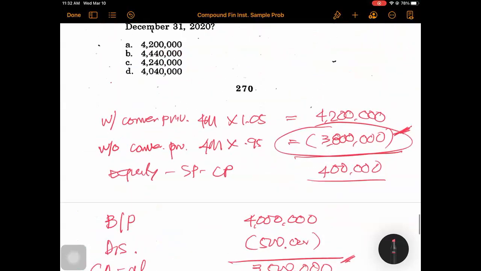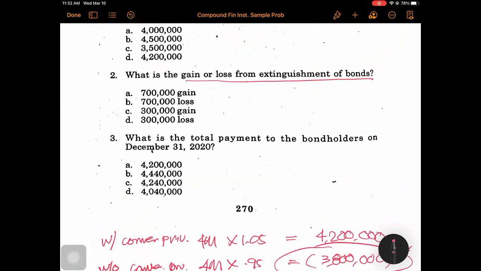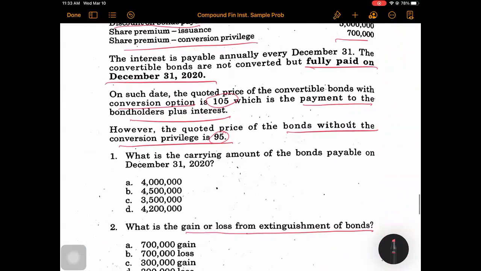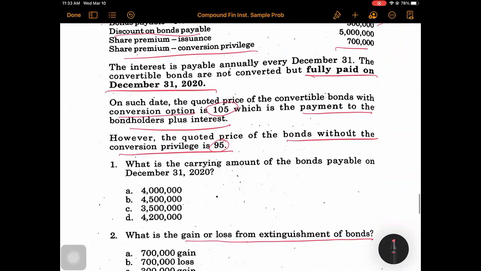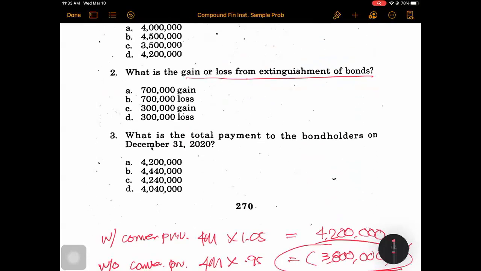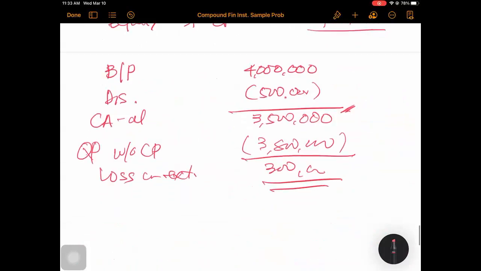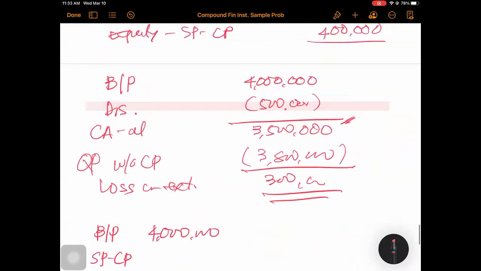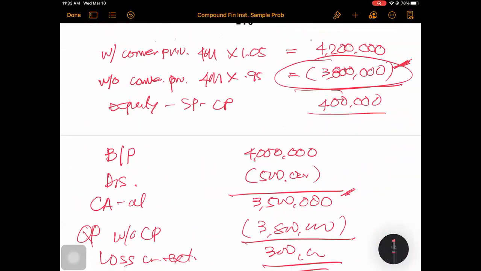So, unsa tong journal entry upon payment? Okay, so atong entry upon payment, since gibayaran man nato bonds payable 4 million, debit tag share premium conversion privilege katong balance na 400,000.